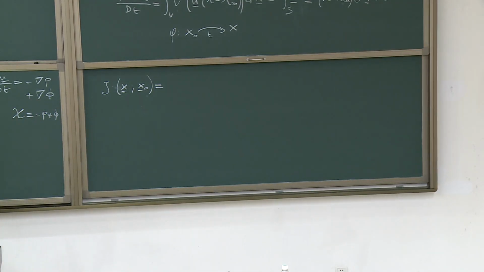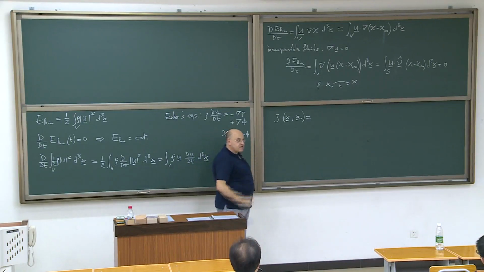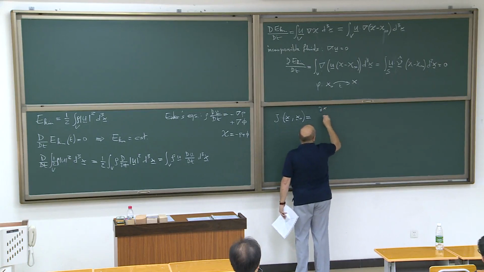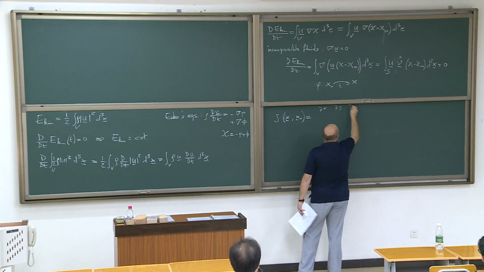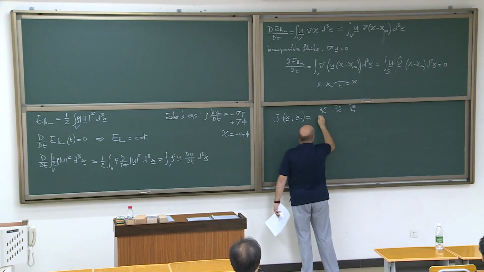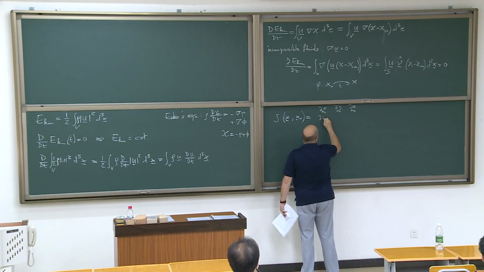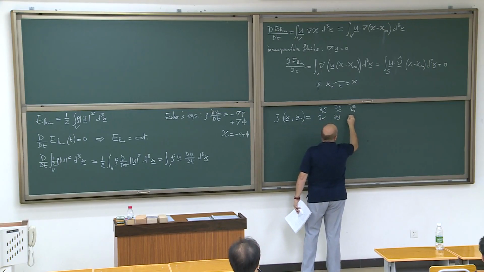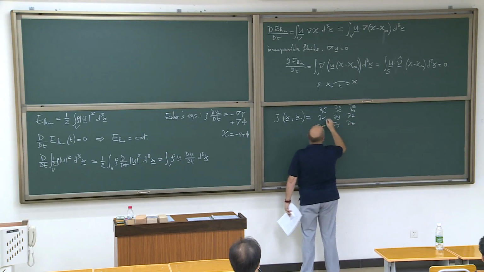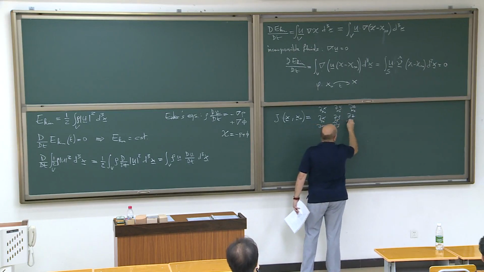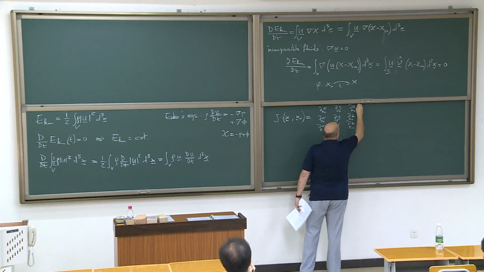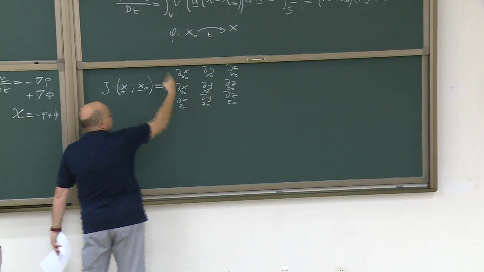You remember dx over dx0, etc. So it would be a 3 by 3 matrix: dx, dy, dz with respect to x0, and the same with respect to y0 and z0.